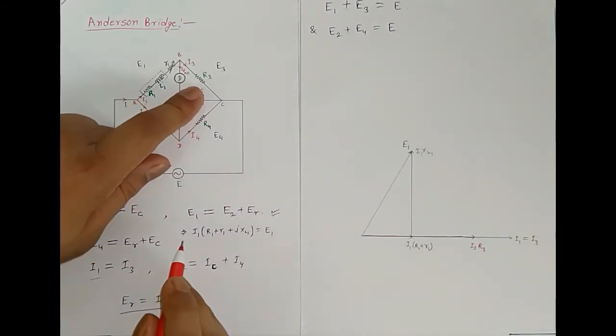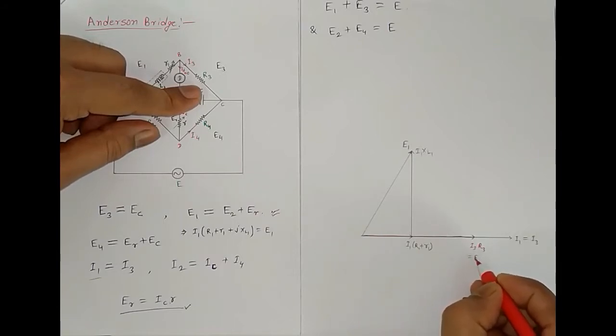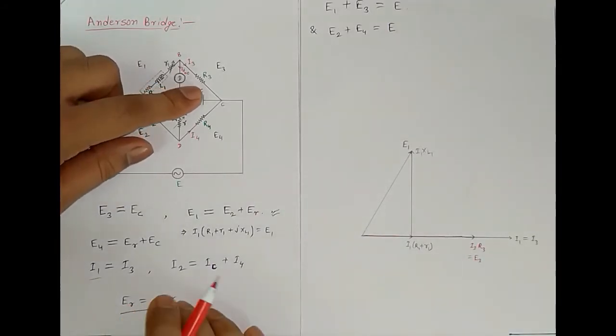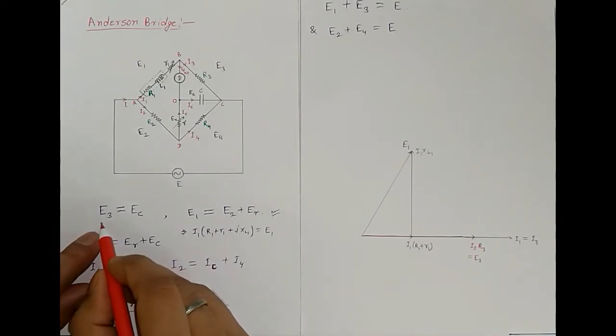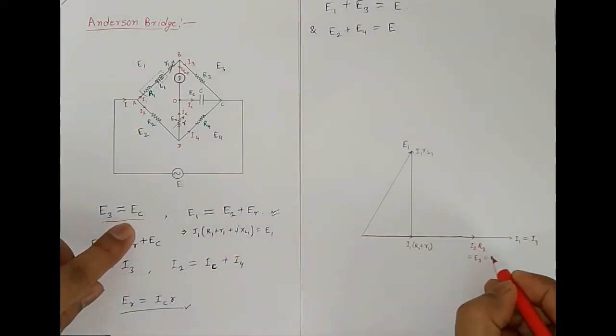I3 into R3 gives us E3. As from this equation, E3 will be equal to EC.